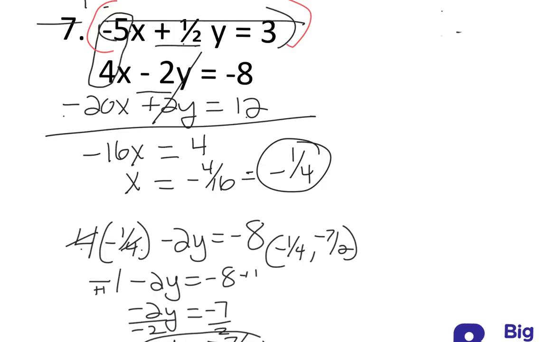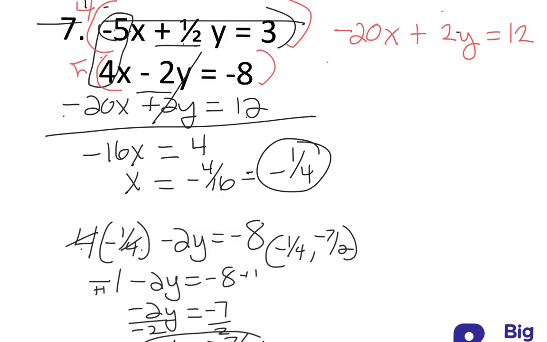So I want one to be positive and one to be negative. So we're going to leave this negative. If I multiply this by 4, then that would give me negative 20x plus 2y equals 12. And I'm trying to get rid of my x's.